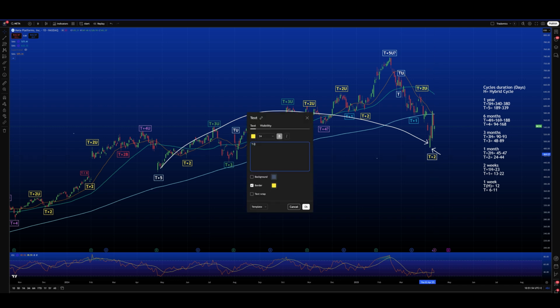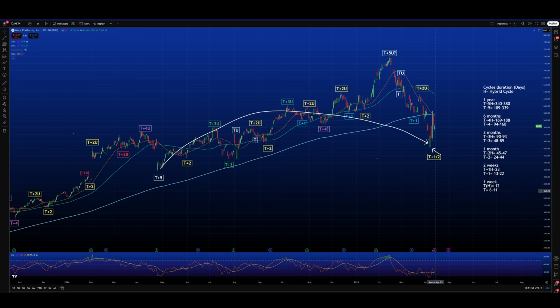Meta is strong compared, for example, to Microsoft, because here we do not have a death cross yet, and the candle of the 9th of April went basically to the moving average 200. So we are not so far away from the moving average 200 compared to the other high-tech stocks. But here we have the beginning as well of a T plus 5.